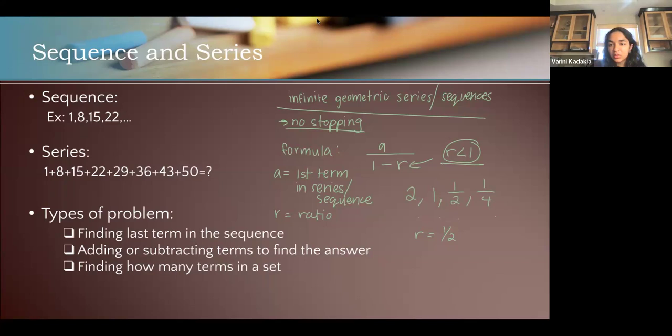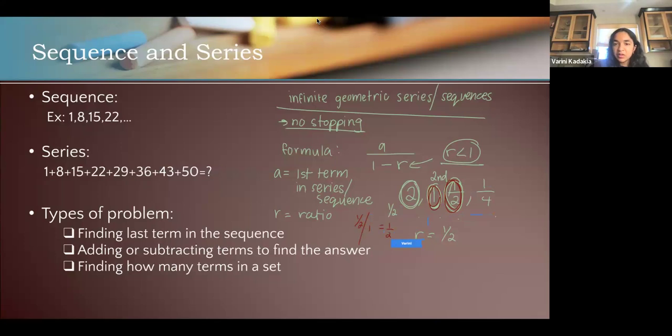Remember, we take the second term and put it over the first term to get the ratio. So if we do that, we get 1/2, right? Same thing if we do it with this term too, and this one. If we do 1/2 divided by 1, how much do we get? Quarter. Yeah.